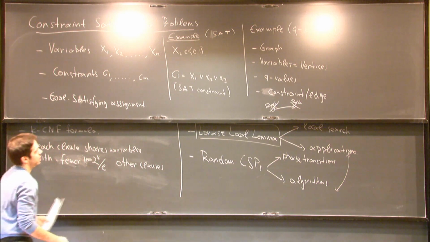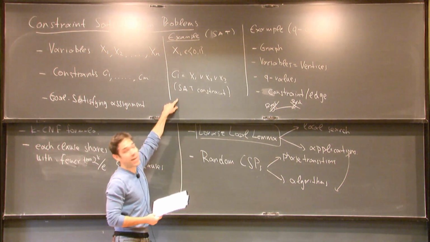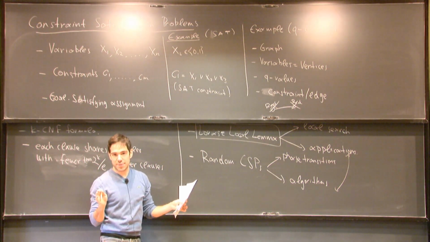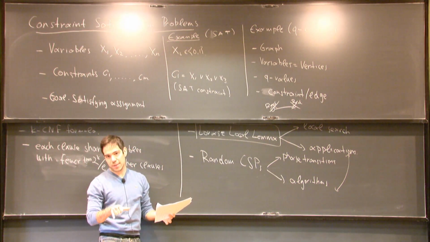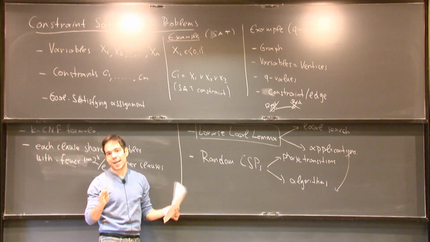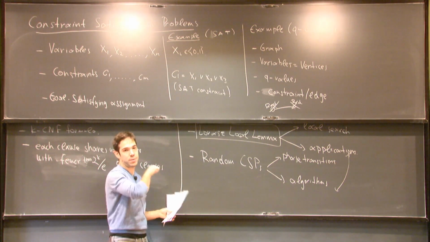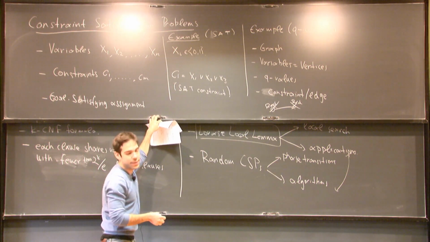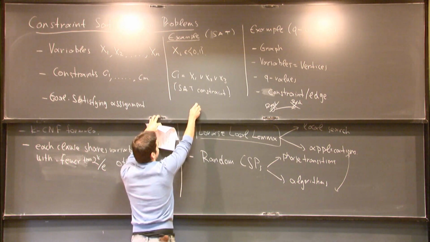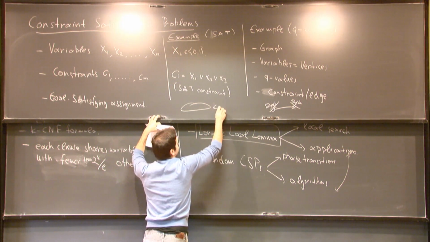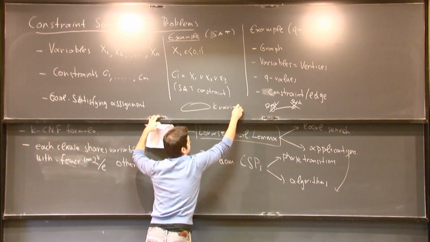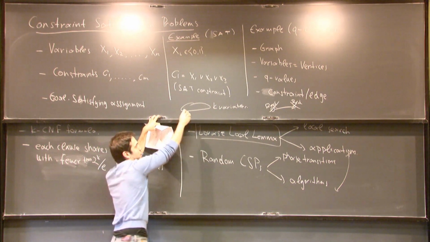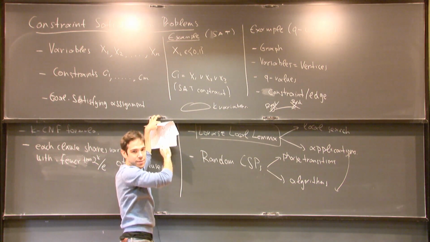Right. So a k-SAT formula is something like this. Basically, you have Boolean variables, and you have constraints, and each constraint forbids exactly one assignment. So each constraint has k variables, and just one of the 2^k assignments is violating.